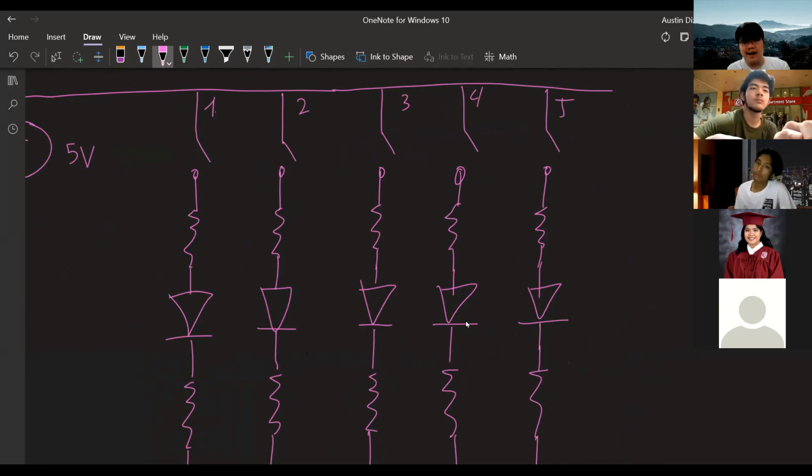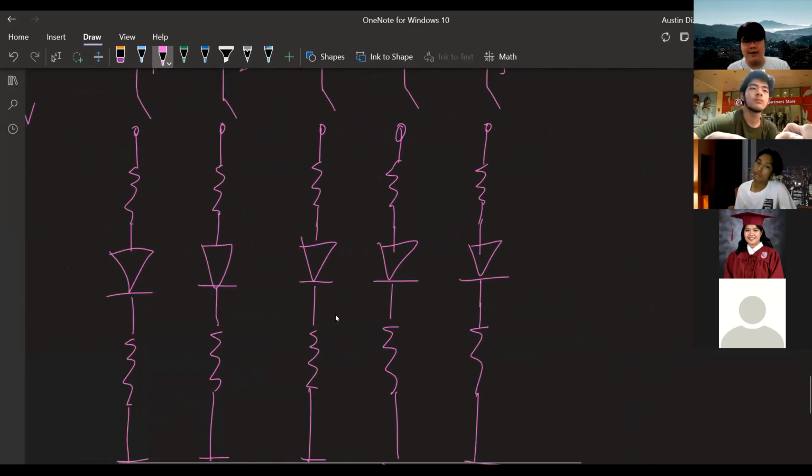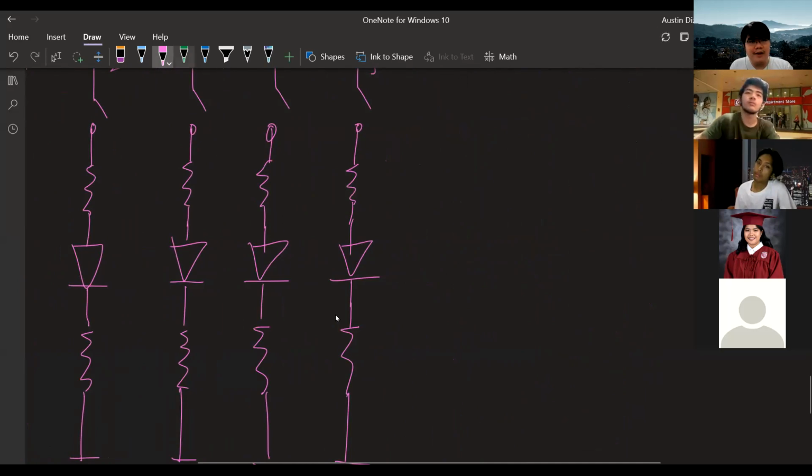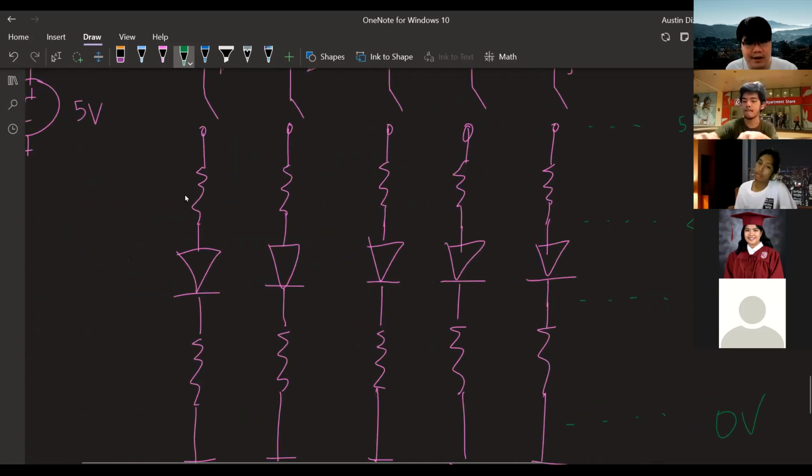Okay, so gagana sila lahat, no? And I know that from the level here, this is 5 volts. This is less than 5 volts. And this is less than 5 volts. This is 0 volts. Okay?